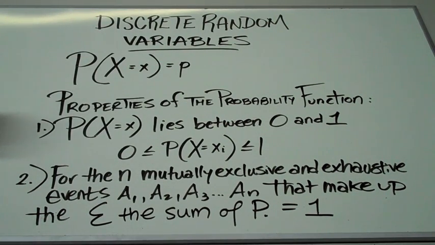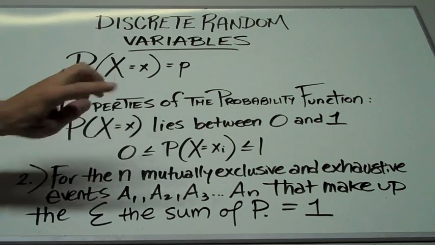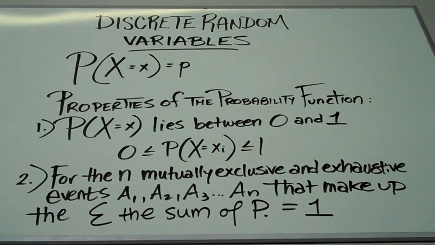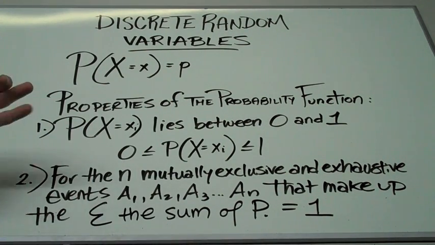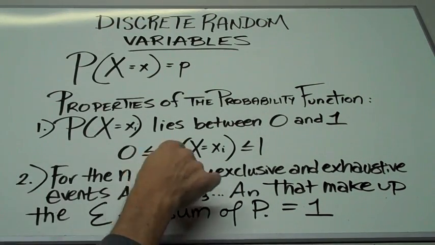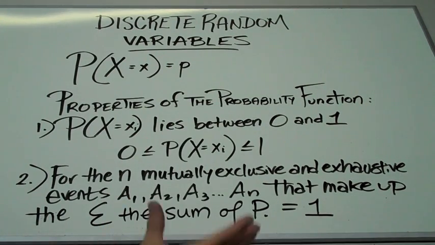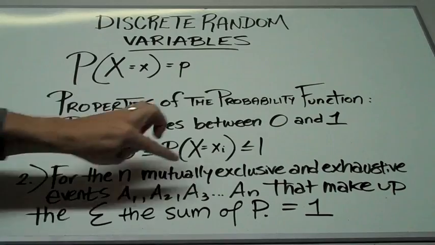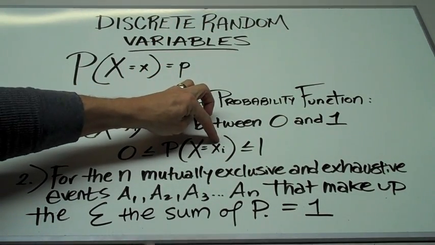Here are the properties of the probability function for the discrete random variable. The probability that our discrete random variable equals any one of the defined numbers, we could say this is x sub i because we don't know which value we're going to put in there, lies between 0 and 1. Each one of these individual probabilities lies between 0 and 1. With two flips of a coin, number of heads, I had 0, 1, or 2.